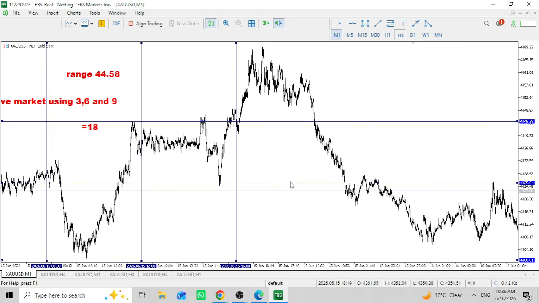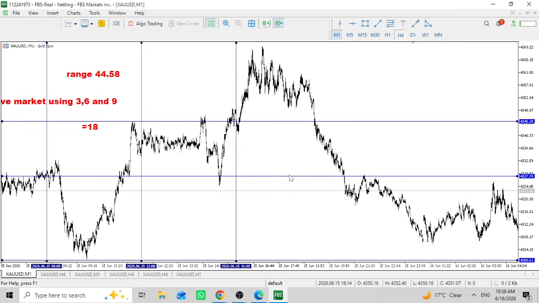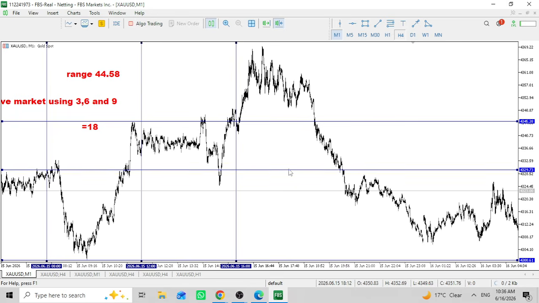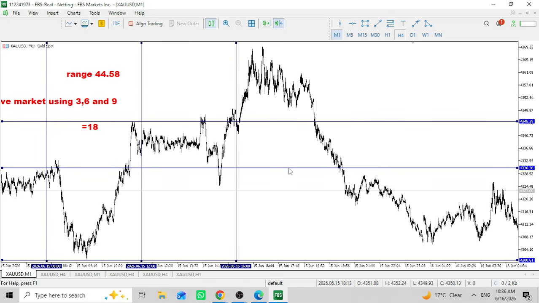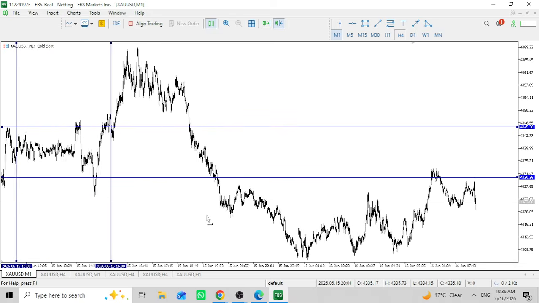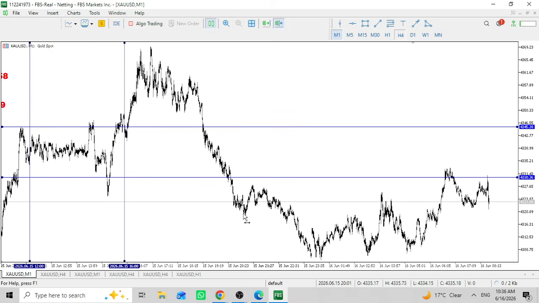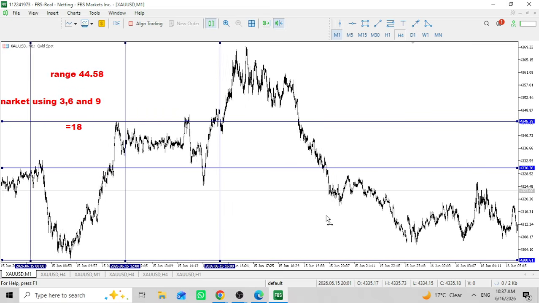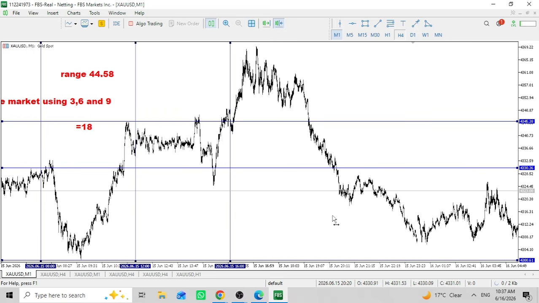Instead of using closing price, if you use the highest point, that is around here. That is around there. But that does not make sense, because you can take the range minus the low.